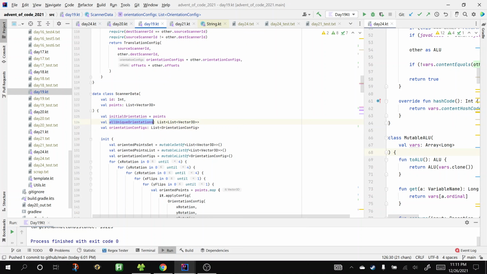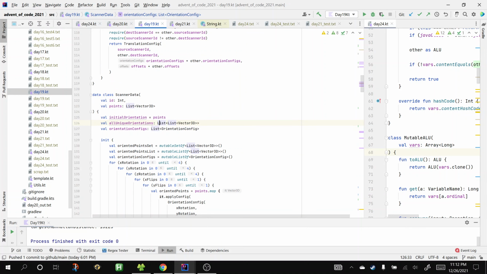Then the way that I did it was that I decided to store all the unique orientations in a list here. So this list would have 24 different lists, and this orientation config contains the orientations that we need to get into that specific orientation.